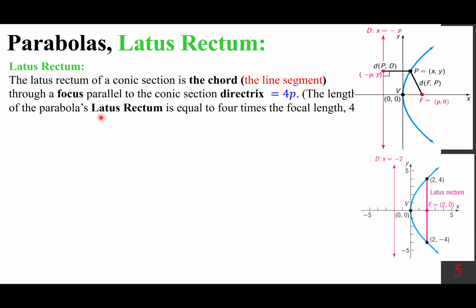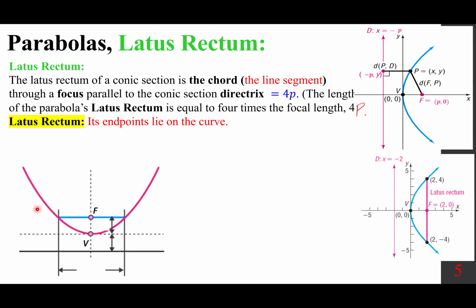The length of the parabola's latus rectum is equal to 4 times the focal length. Its endpoints lie on the curve.